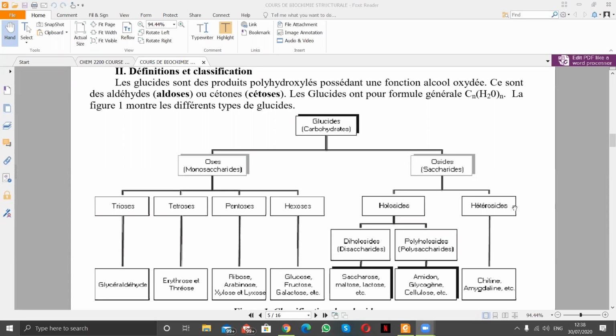Oligosaccharides are sugar polymers which consist of short chains of monosaccharide units, or I can say short chains of monosaccharide residues.